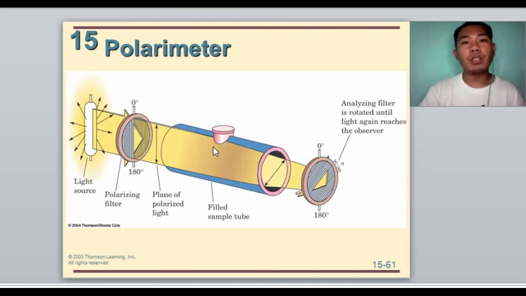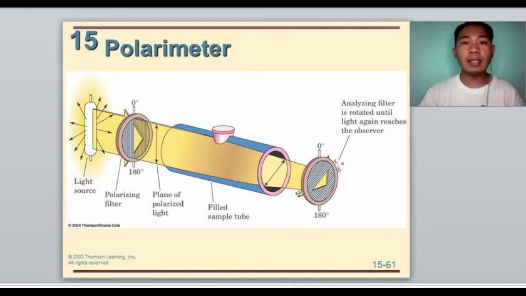If the sample tube is empty, the intensity of light reaching the detector, which is of course our eyes, is at its maximum when the axes of the polarizer and analyzer are parallel to each other.